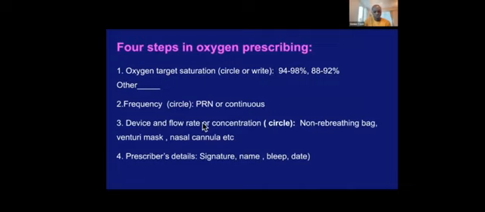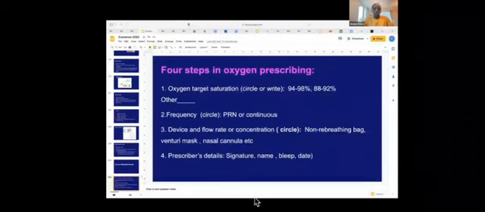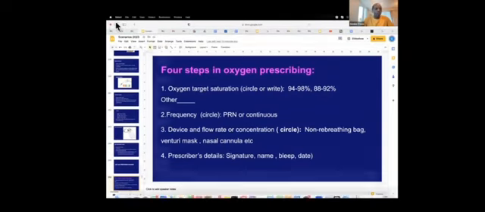Choose the device and choose the flow rate. Device and flow rate go together. You can't just choose the device, you must also choose the flow rate. And lastly, number 4 is the prescriber's details: your signature, your name, your bleep, and your date. Okay, so let me show you this on a drug chart itself.